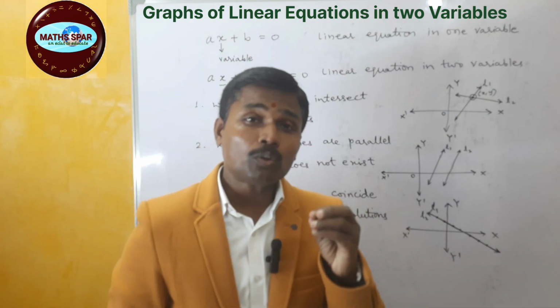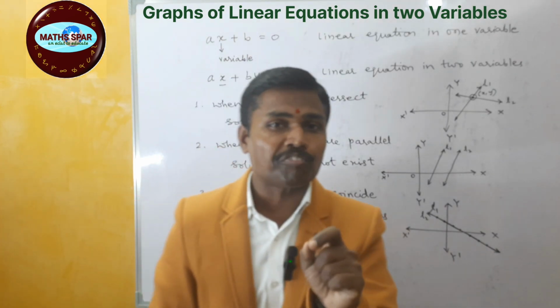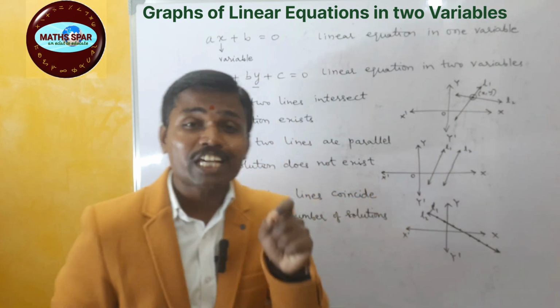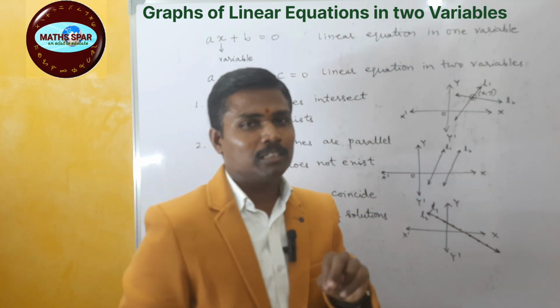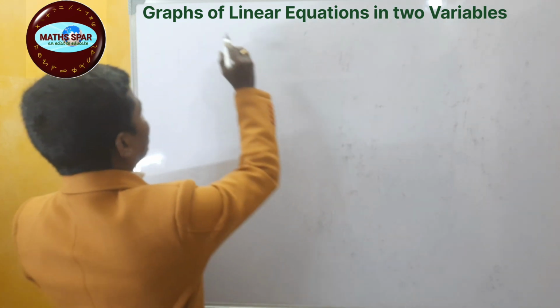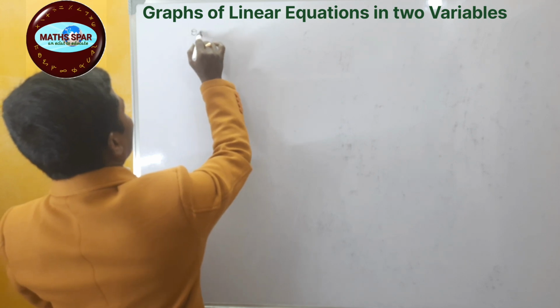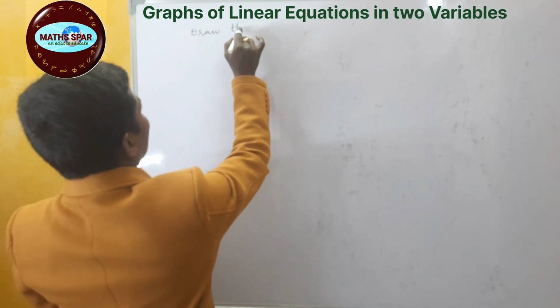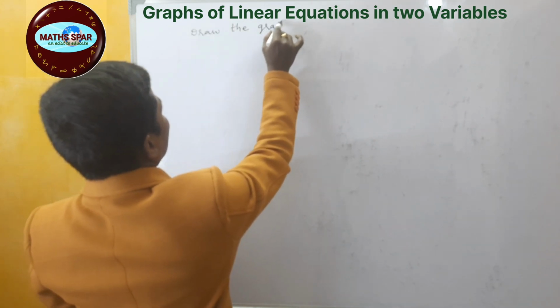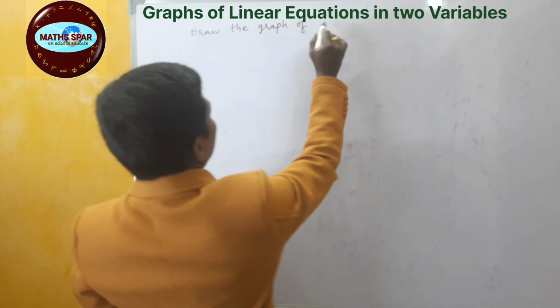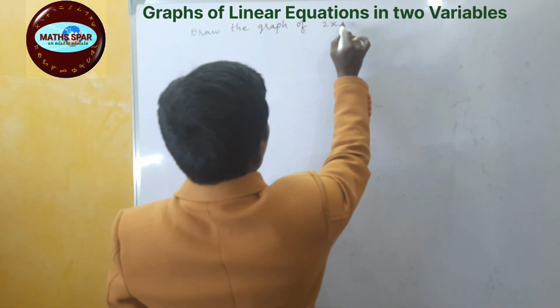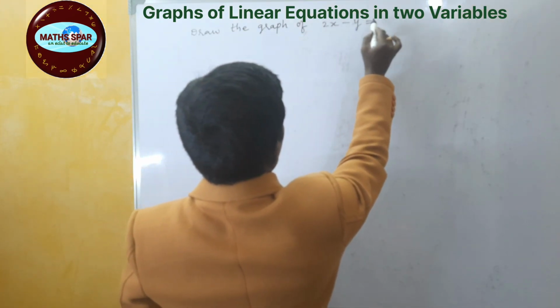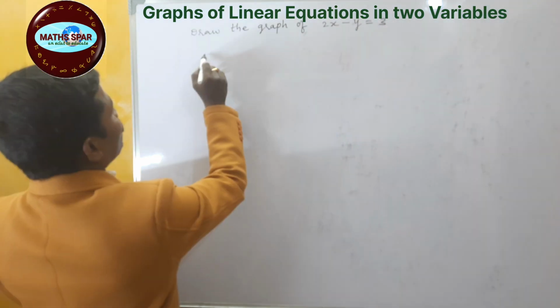Now, how do we draw the graph of a linear equation in two variables? Let us look at a question. Draw the graph of 2x minus y is equal to 3.